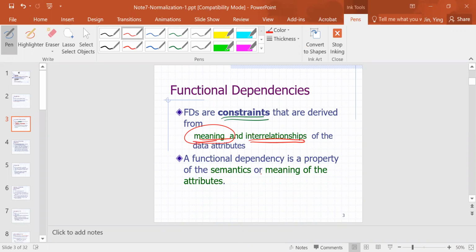Things like that are also coming from requirements, they just are not explicitly stated. So a functional dependency is a property of the semantic meaning. Again, I emphasize, it comes from the meaning.